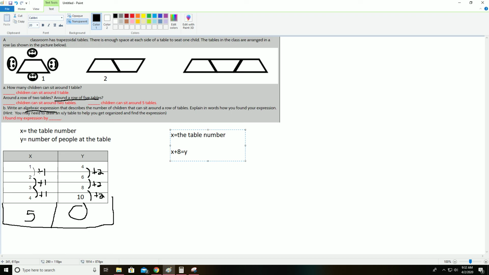You might have 4x plus 8 equals y, 4x plus 2 equals y. Basically what we're trying to do is get this side of the equation to use the x's here. And when you put them in here, your answer y is going to be one of these numbers every single time. So if I use the 1 on the left side in my x, my right side has to be what's on the right side. If I use 2, my y on the right side, my answer has to come up to be 6.